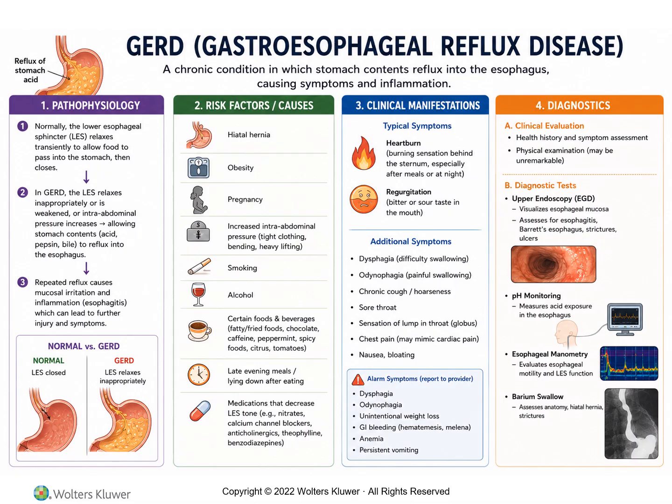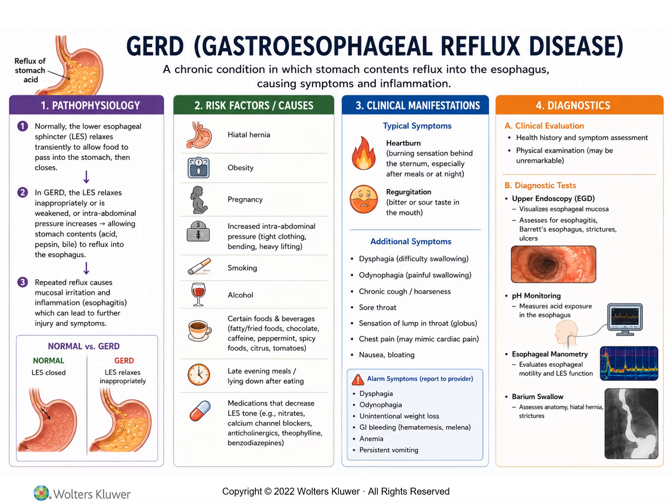If the diagnosis isn't clear, ambulatory pH monitoring can help measure how frequently and for how long the esophagus is exposed to acid. This is particularly helpful because it provides objective evidence of reflux. Then we have esophageal manometry, which evaluates motility and LES function.